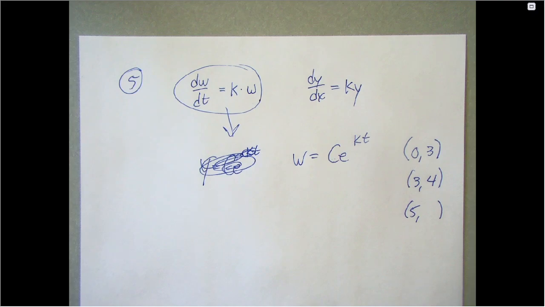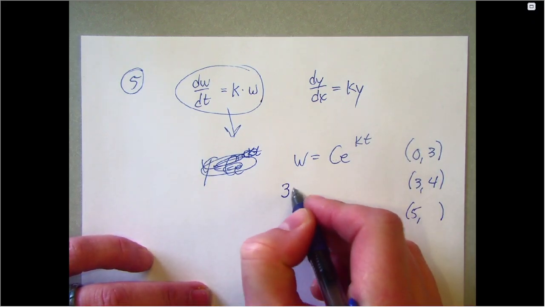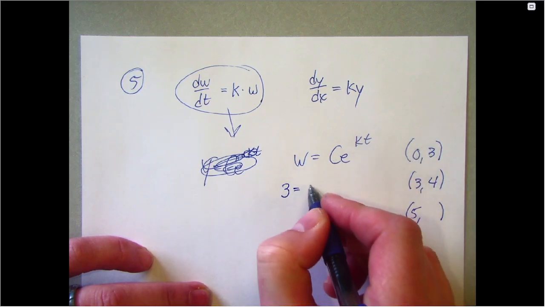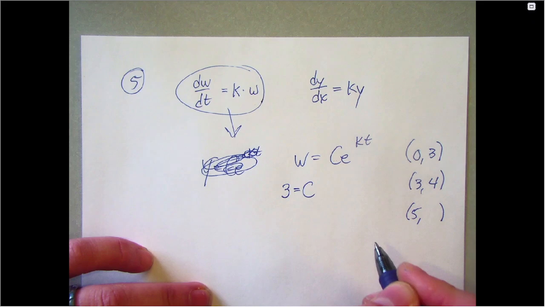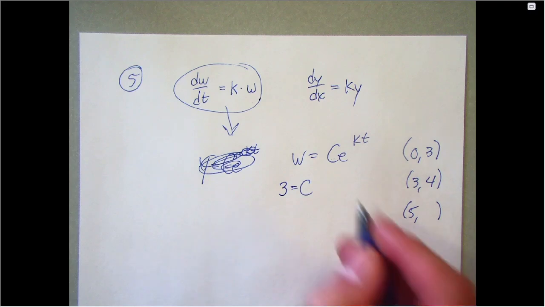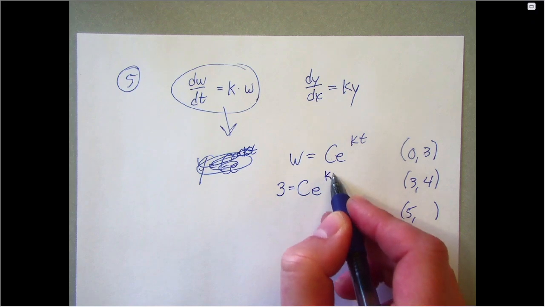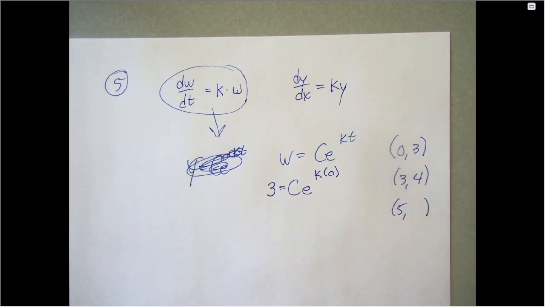So it's really just like a system of equations, basically. We're going to plug in 0 and 3 here. So 3 is the weight, times e to the, so k we don't know, and time is 0.